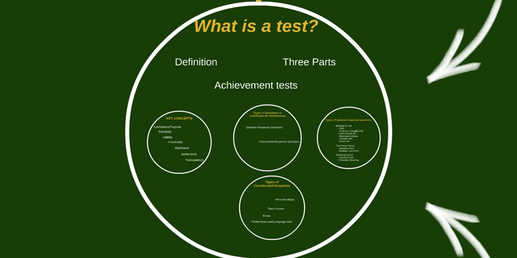Uniform standardized conditions. By that we mean every student takes the test the same way. The time element's the same, the tests look the same, and things like that. Everything is uniform and standardized. Now, of course, there are variations of that in terms of students with special needs, and they may have extra time, or they may be allowed to have the test read to them, or they may have somebody write down the answers that they orally produce.